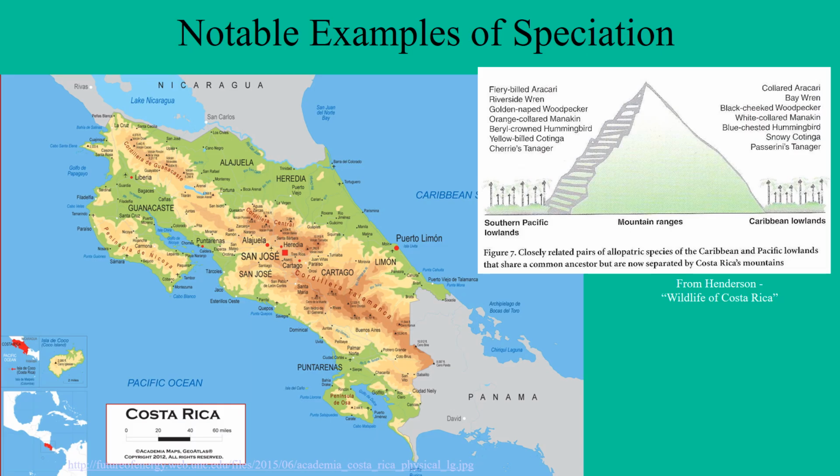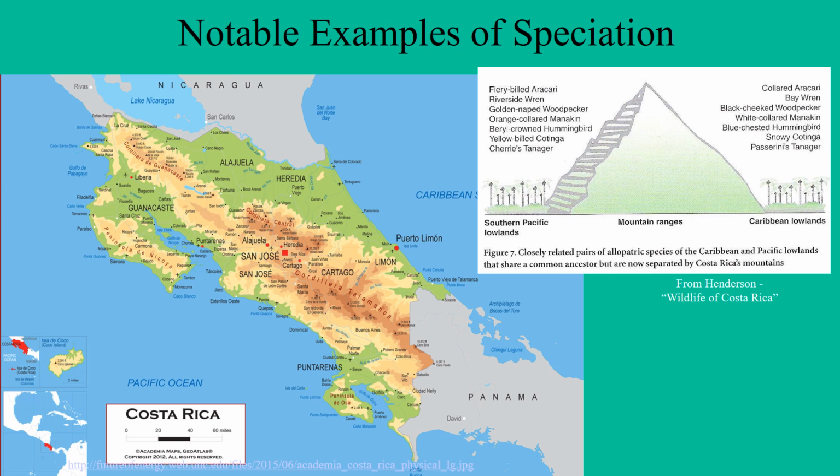Some examples of natural selection and speciation. So speciation is formation of a new species. One of my favorite examples is the bird life in Costa Rica. If you take a look at Costa Rica, the country, there's basically a series of mountain ranges, like the Talamancas, the Cordillera Central, and the Guanacaste, that basically separate the country of Costa Rica into a Pacific side and a Caribbean side.